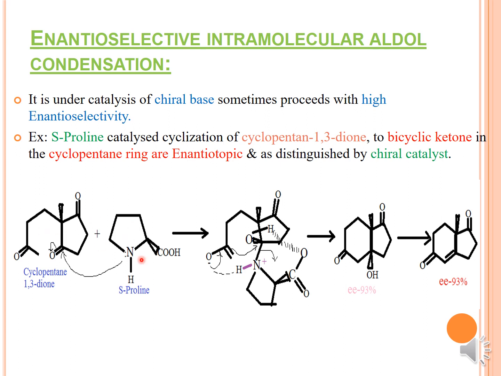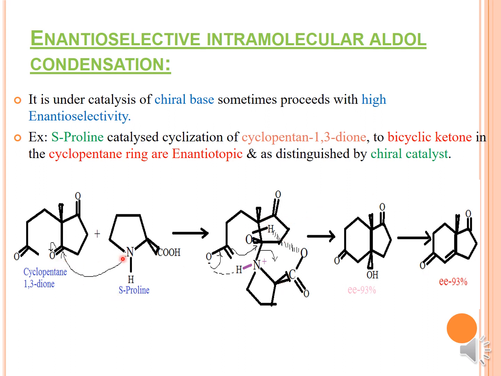In the presence of that, the starting material will be your cyclopentane 1,3-dione, okay? Upon treatment with S-proline, it ends up with this product. It undergoes cyclization with the formation of one adduct intermediate, which leads to the product.